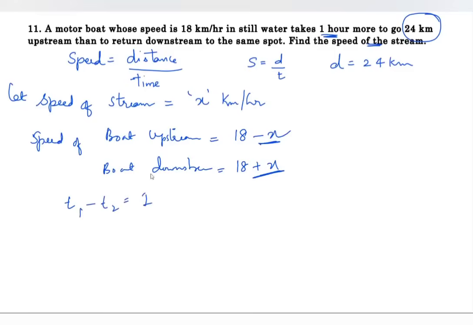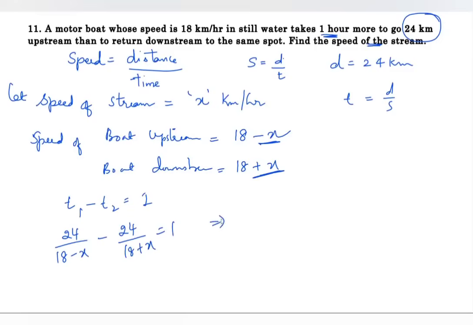Time taken for upstream is t1, time taken for downstream is t2. t is distance by speed. Distance is 24, the speed is 18 minus x, minus t2, where distance is the same, 24, and the speed is 18 plus x, equals 1.